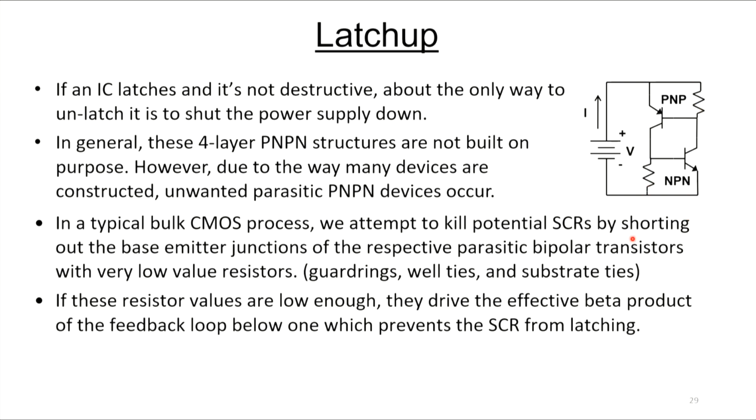We create those using guard rings, well ties, substrate ties. The layout designers are very talented at making these resistors very low in value. And if you can get these resistors low enough in value, they kill the effective beta product around this loop. And if you can get that below 1, this thing won't latch because it's not regenerative. The product is below 1.